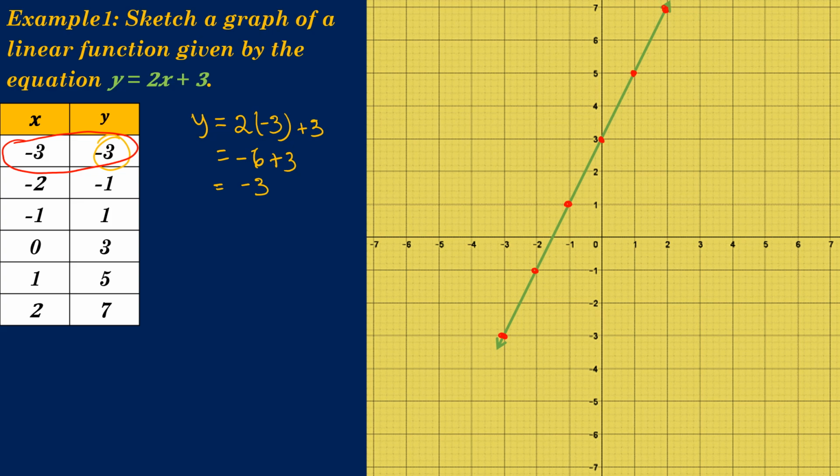If this line was not drawn for you, you are supposed to put the points on the graph and join them together, and they form the straight line. Grade 9, that is how you draw the straight line function, or the linear function.